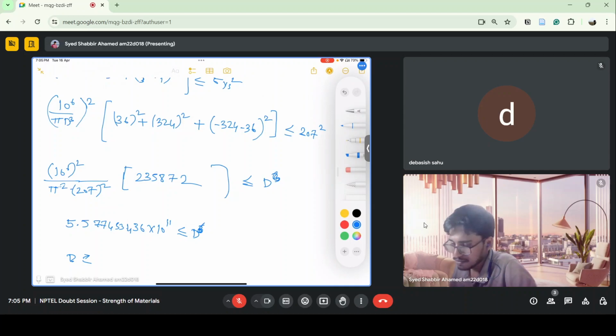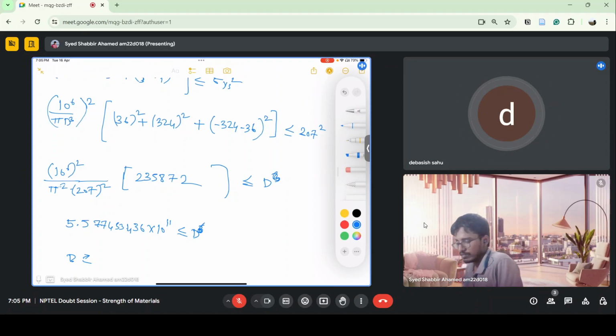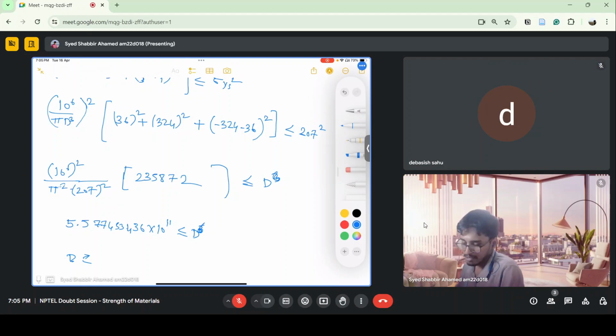Something down again. So it is coming negative, sir. Negative. How? Negative means it is too small. 8.29 into 10 to the power minus 3. No, something is wrong.